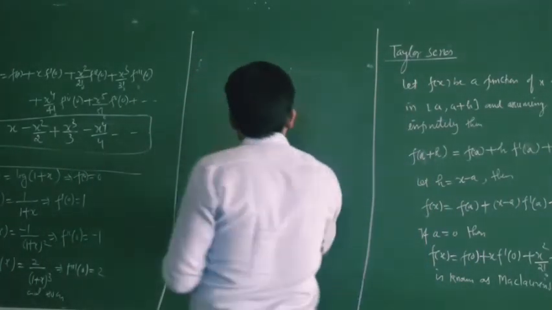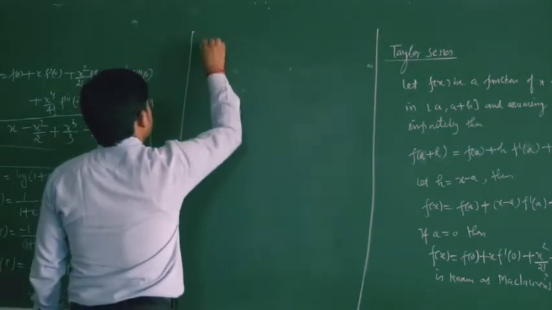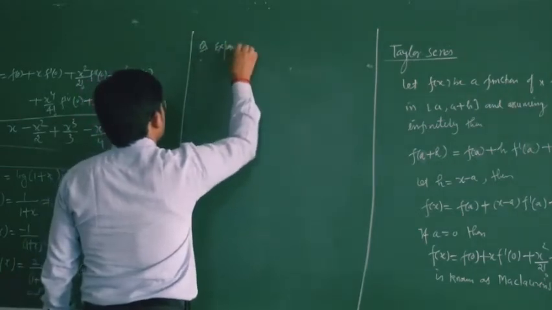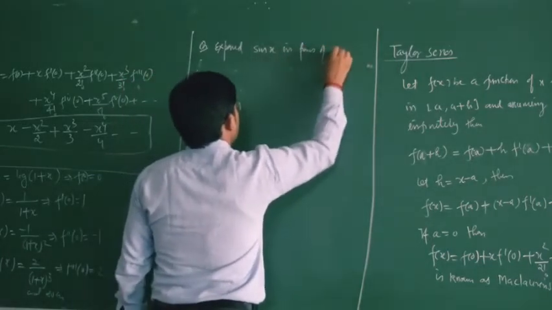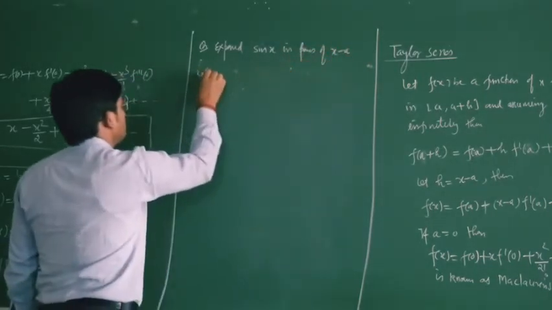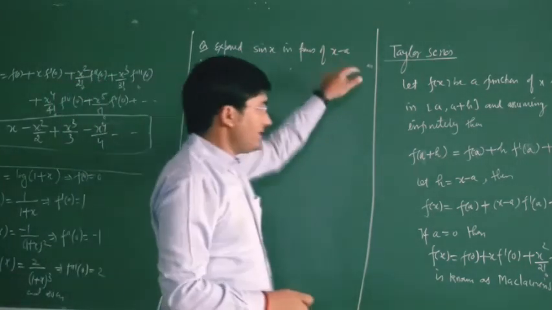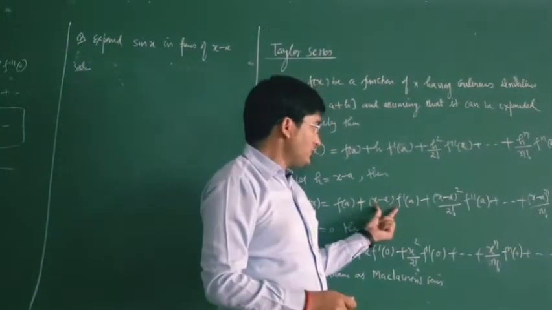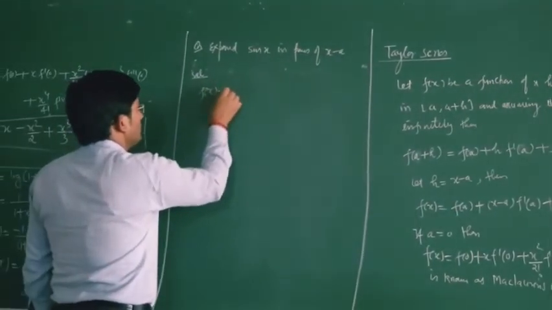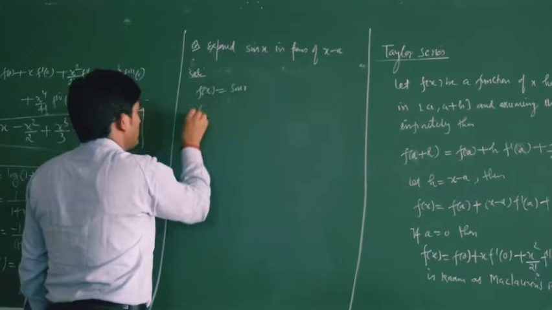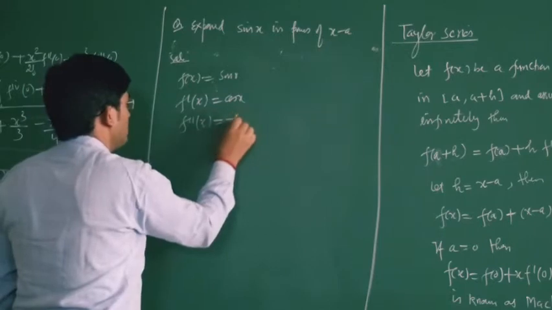Now let us solve a question based on this Taylor series. So expand, say, sin x in powers of x minus a. So solution, as we have to expand in powers of x minus a, for this we have this Taylor series. So our f(x) is equal to sin x. So your f dash x will be cos x, f double dash x will be minus sin x.